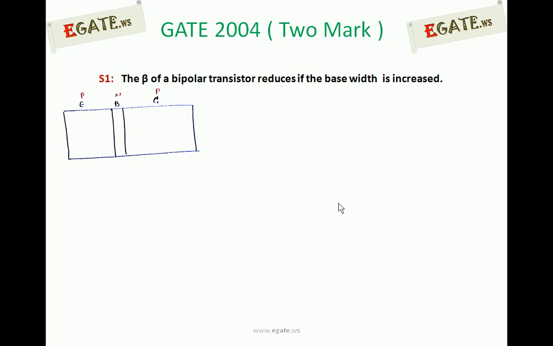The characteristics of the base are that it is lightly doped and its width is very small. Area of base is small. These are the two important characteristics. Generally the collector width is large compared to the emitter width, which is large compared to the base width.